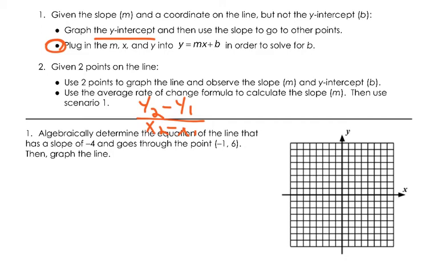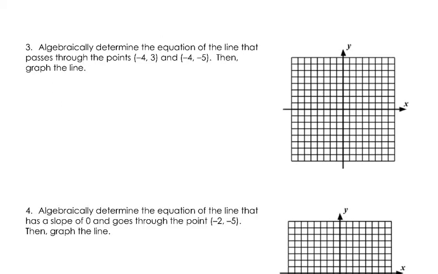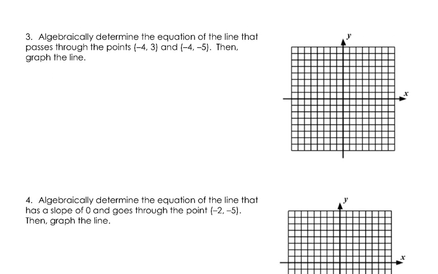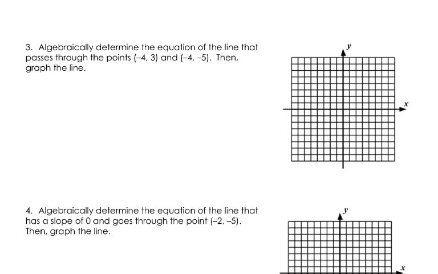Actually, let's do 3 and 4, because 1 and 2 is not as difficult as 3 and 4. And then 3 or 4 will help you do 5. Alright, so let's turn to page 10. And we're going to look at 3 and 4. So let's look at 3 first.